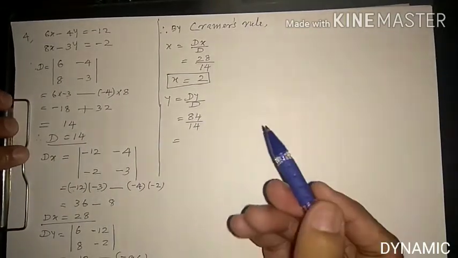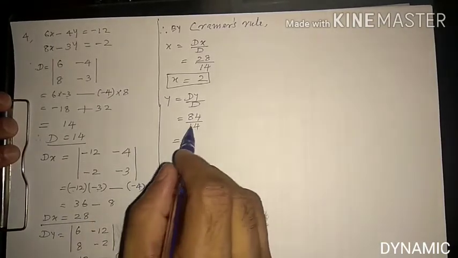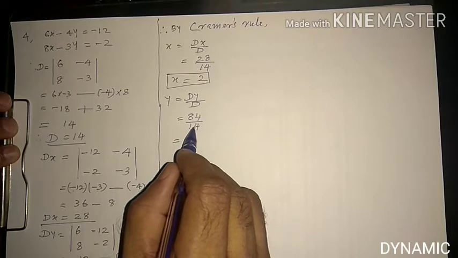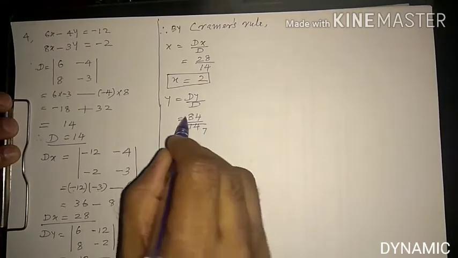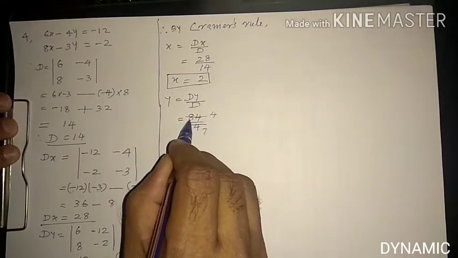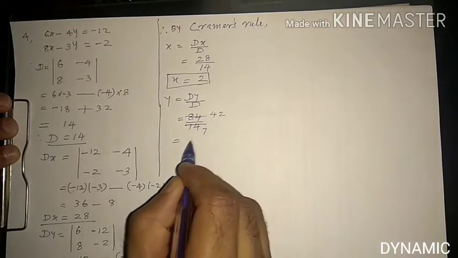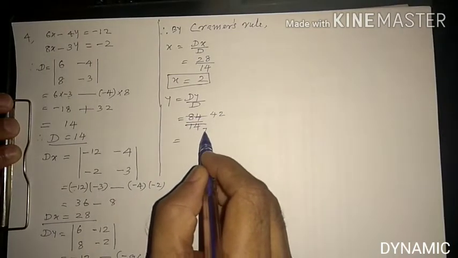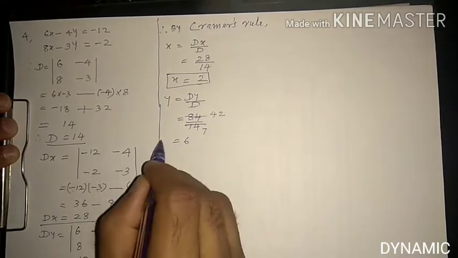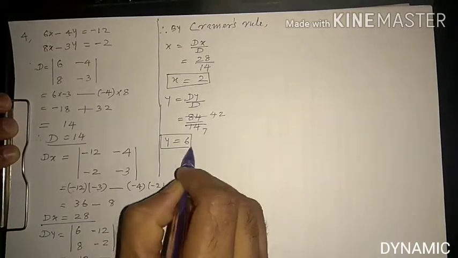Now here we have to simplify. We use simple numbers. Here by 2 we cancel first. 7 2s, here 4 2s, here 2 2s. Now it is very simple. 1 7, 6 7s. Y equal to 6.